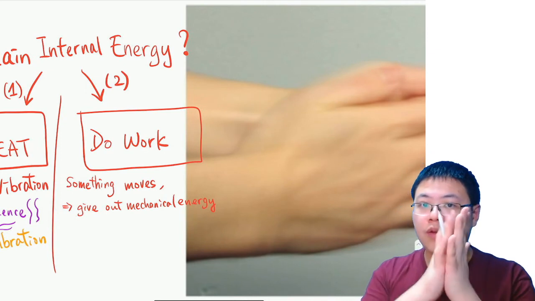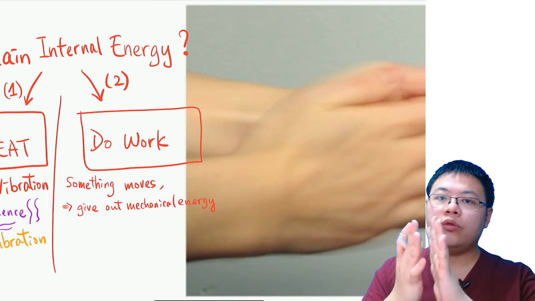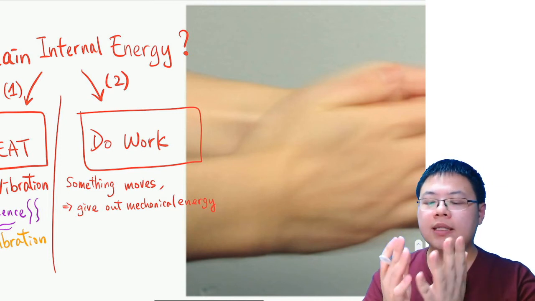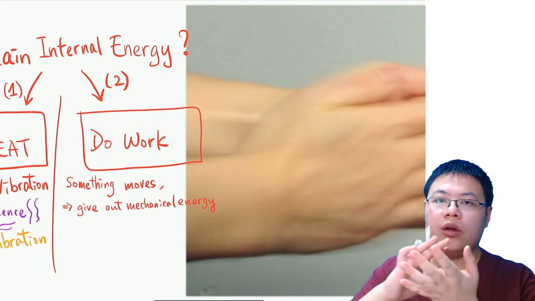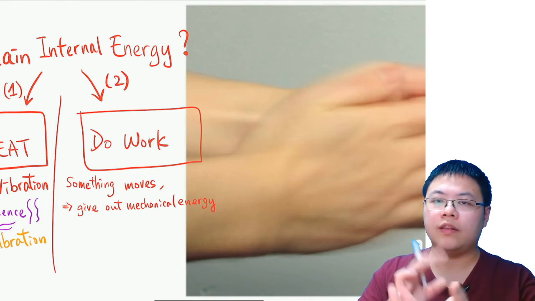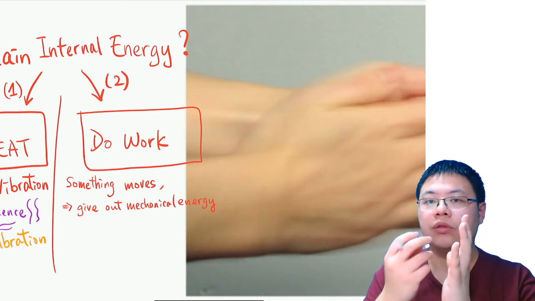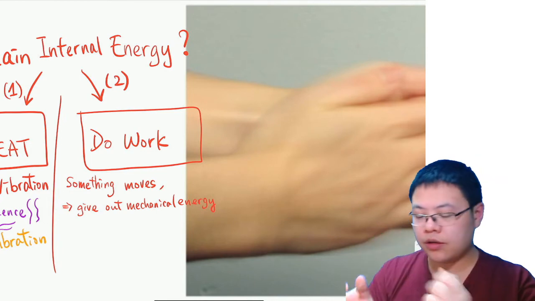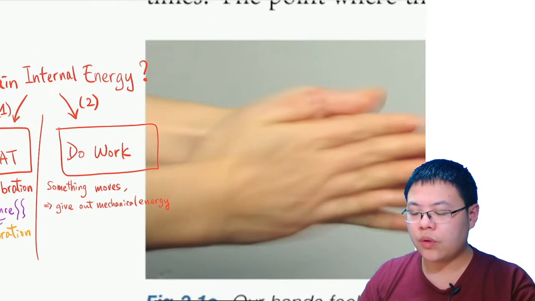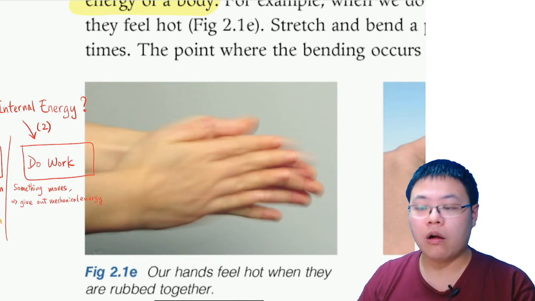For example, in rubbing your hands, the mechanical energy due to the movement is in this action transferred into the internal energy of the molecules of your hand. It turns into the average kinetic energy of the skin surface vibration and so on. So this type we classify as doing work.